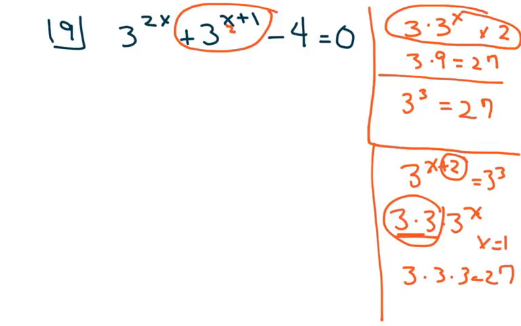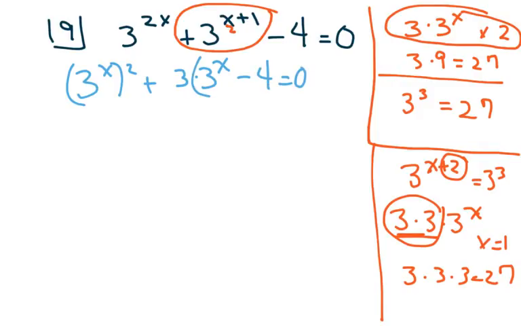So let's rewrite this as 3 to the 2x plus 3 times 3 to the x minus 4 equals 0. We're going to let w equal 3 to the x, like we did on the previous problems, and we have w squared plus 3w minus 4 equals 0.